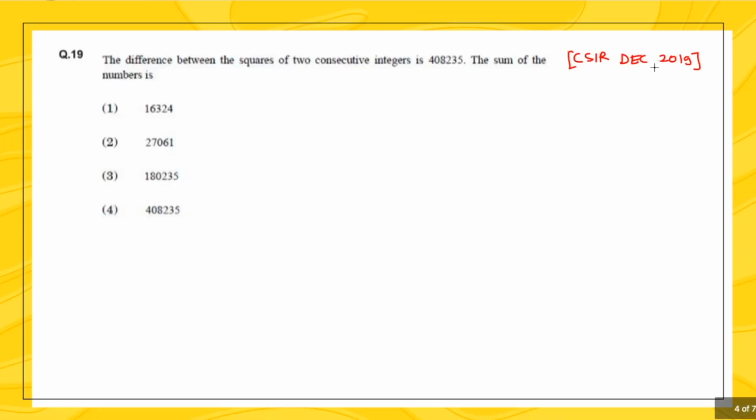Alright, so here is a question from the CSIR December 2019 exam. It says that the difference between the squares of two consecutive integers is 408,235. The sum of the numbers is? Now see, if they have given data, you have to understand this, and they have asked about two consecutive integers.